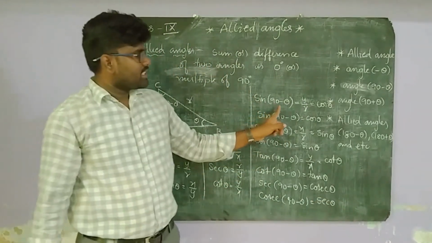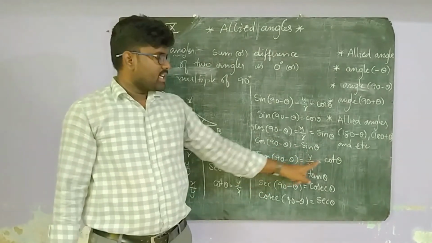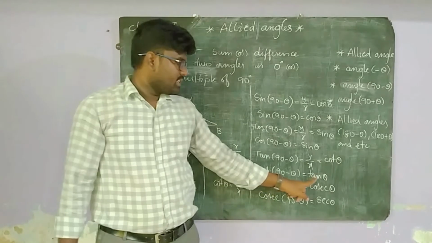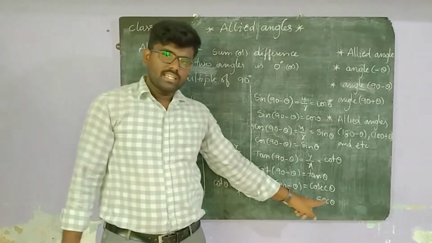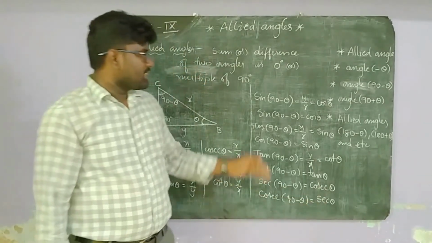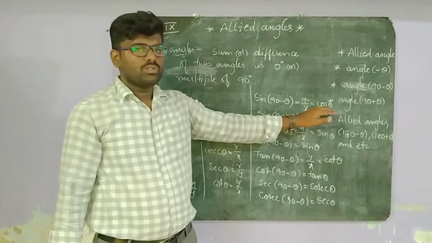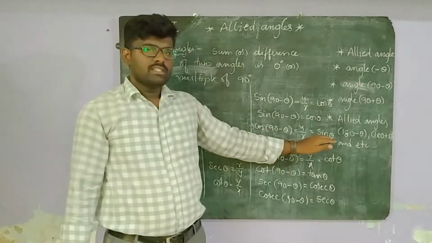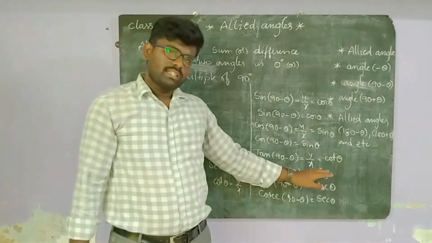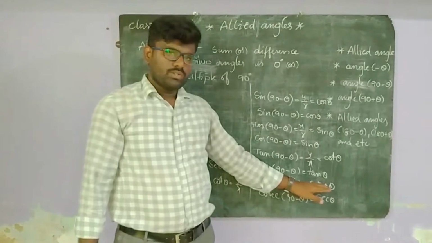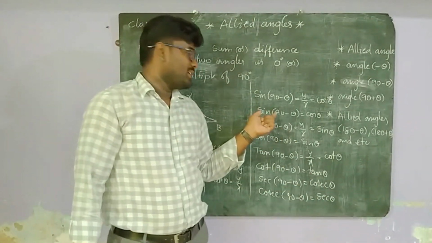Sin changes to cos, cos changes to sin, tan changes to cot, cot changes to tan, secant changes to cosecant, and cosecant changes to secant when the angle is 90 minus theta.